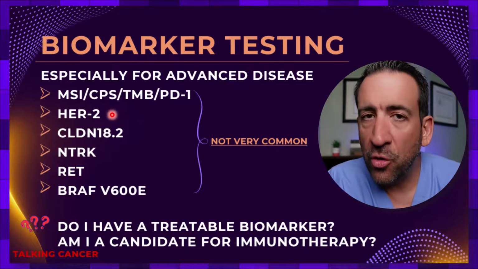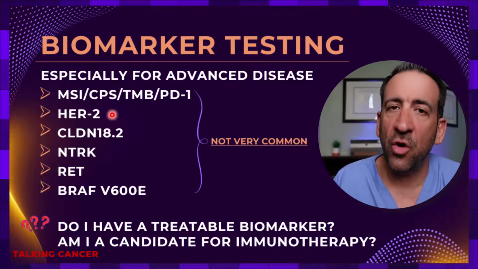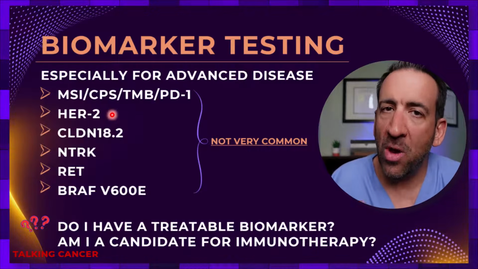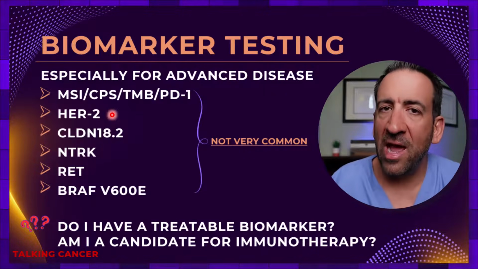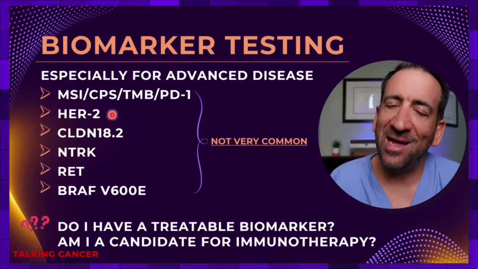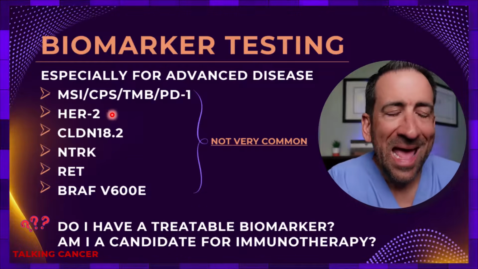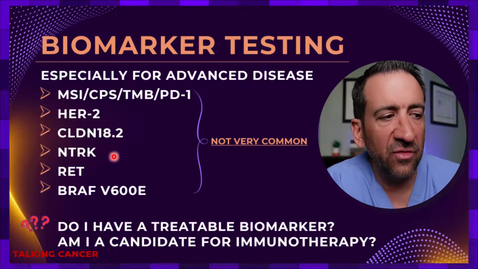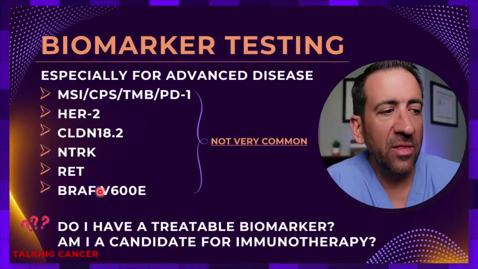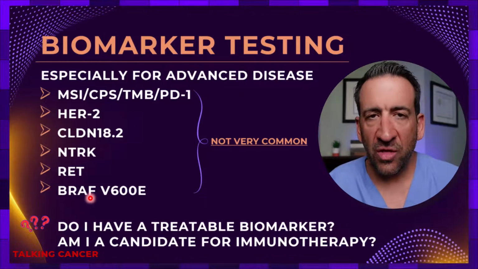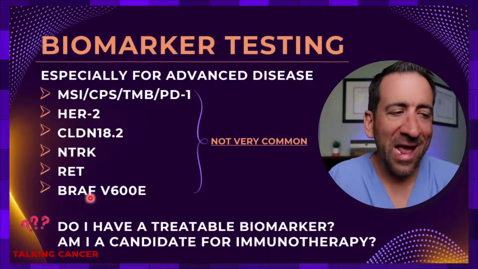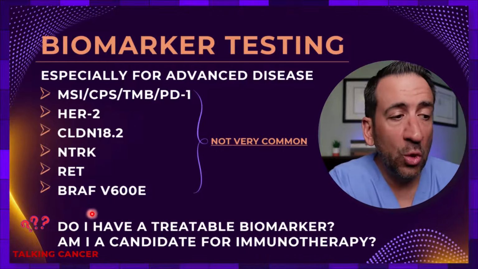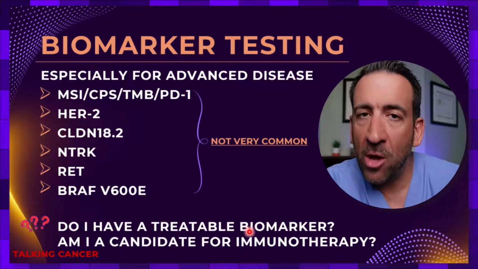Another example is the HER2 protein. If your cancer is HER2 positive, meaning you have that protein, you're more likely to respond to treatment that attacks the HER2 protein. And the same thing applies to each of these, okay? The NTRK, the RET, the BRAF. So you don't need to know them. What I want you to do is ask your doctor, and the question is, do I have a treatable biomarker?